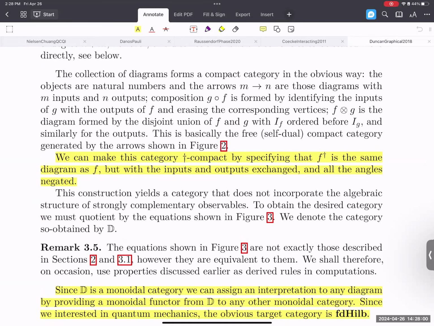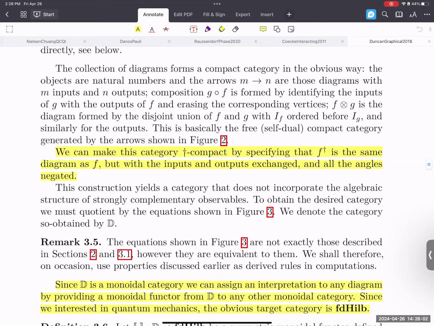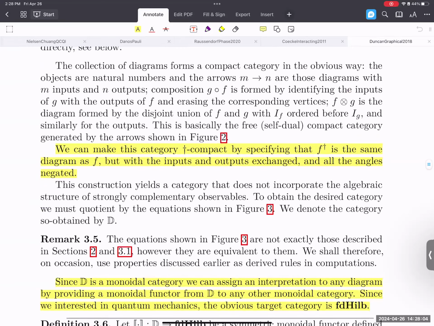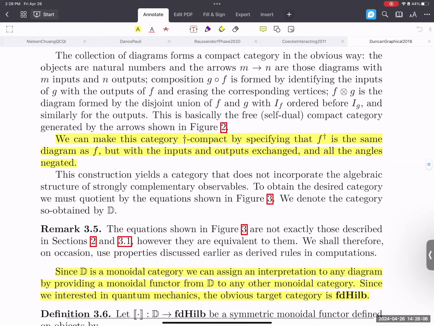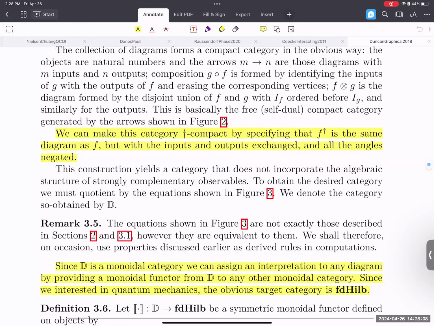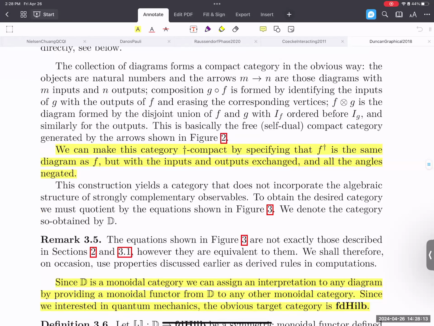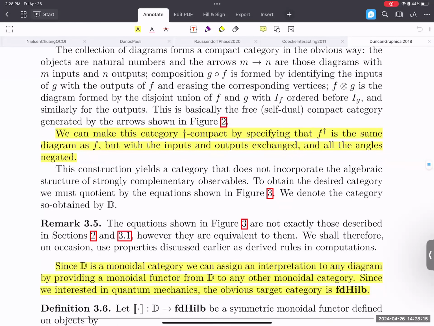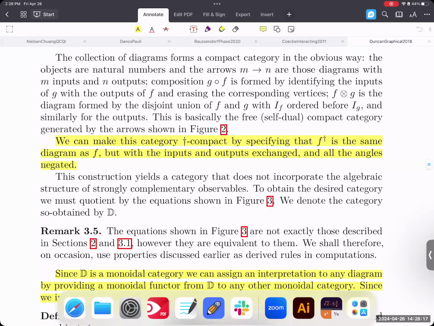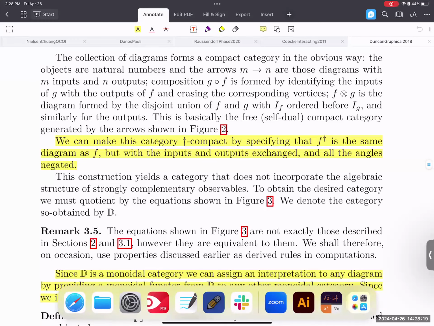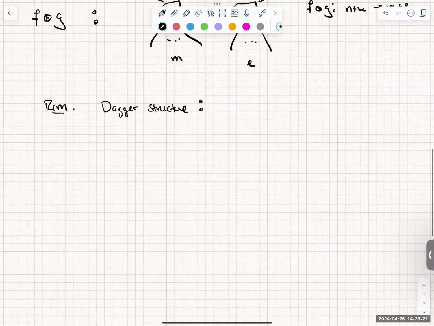So the objects F and G, as described here, are graphs. I hadn't interpreted it like that. And the dagger is just reading it upside down, reversing the orientation of the graph.